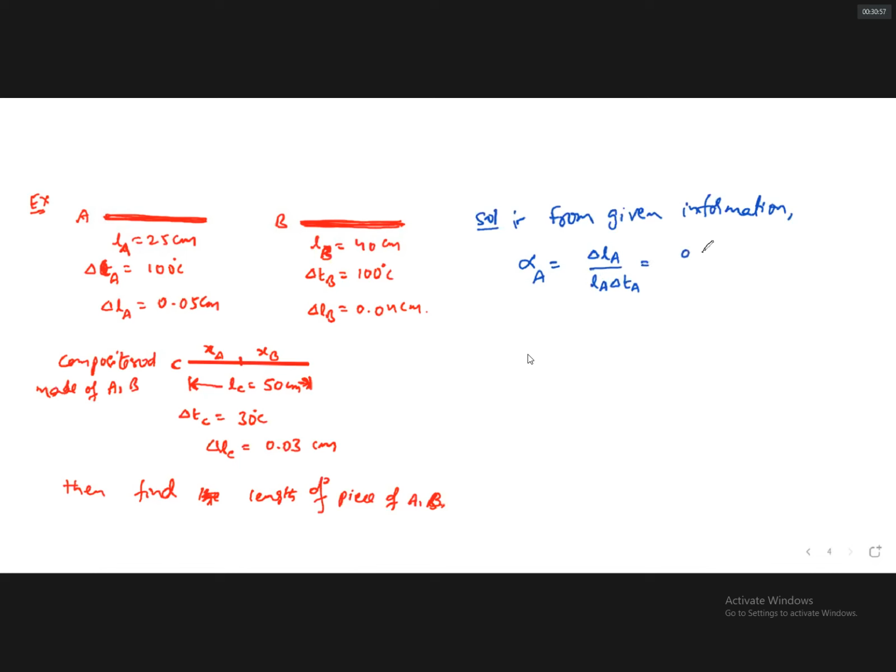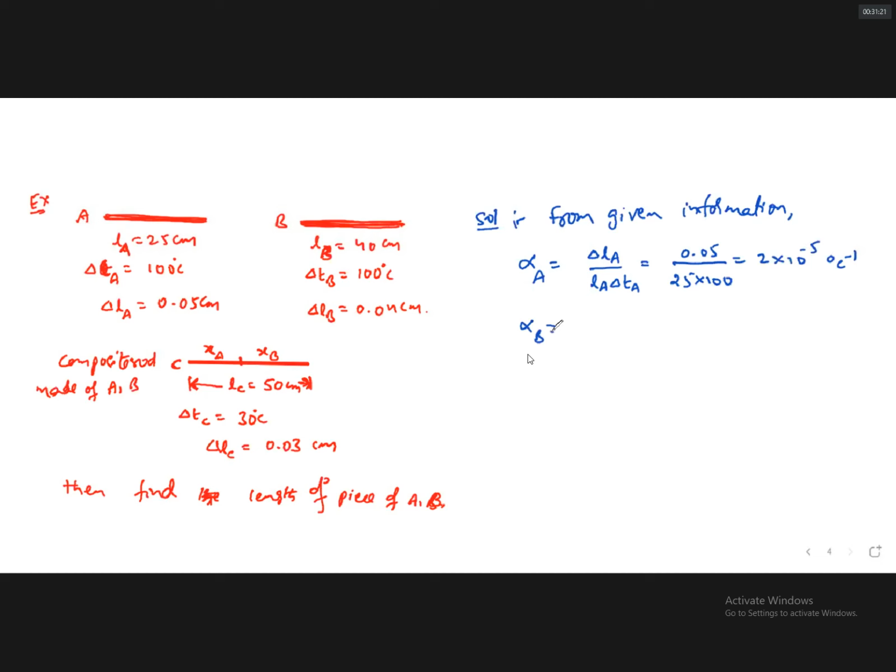Delta LA is given as 0.05, LA is given as 25, and delta T is 100. Upon simplification, 5 into 10 power minus 4 by 25, that is 0.2 into 10 power minus 4, we get 2 into 10 power minus 5 per degree Celsius.